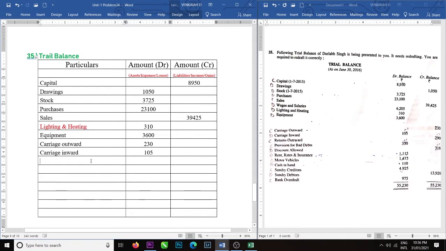Return outwards are the purchase returns. Purchases are debit, purchase returns are credit. Provision for bad debts. Remember students, provisions and reserves are always credit. Discount allowed is a loss.